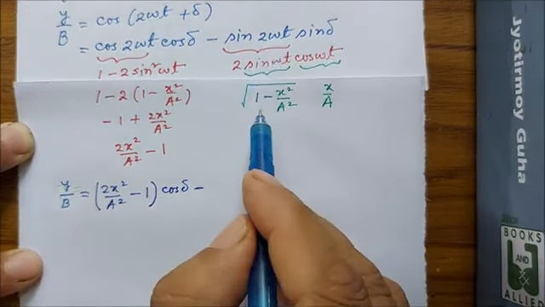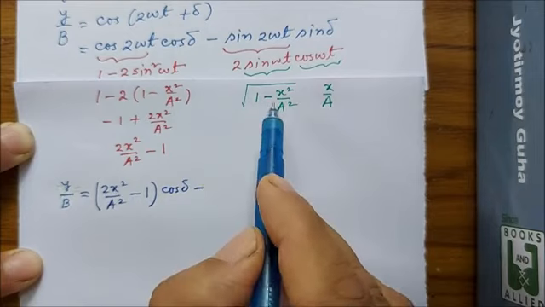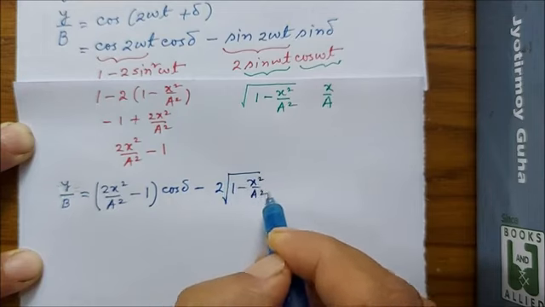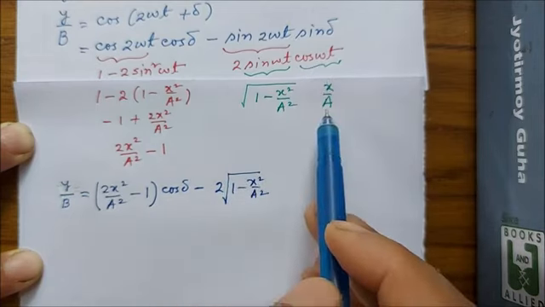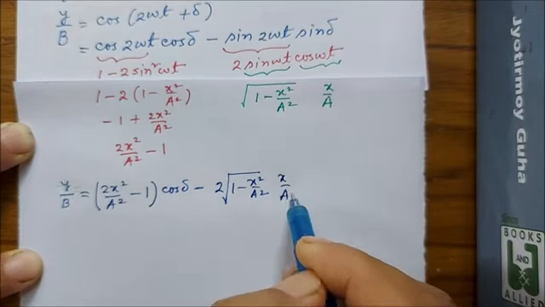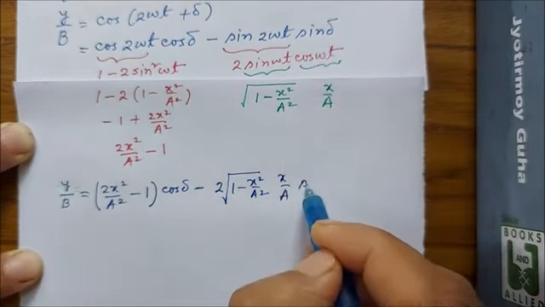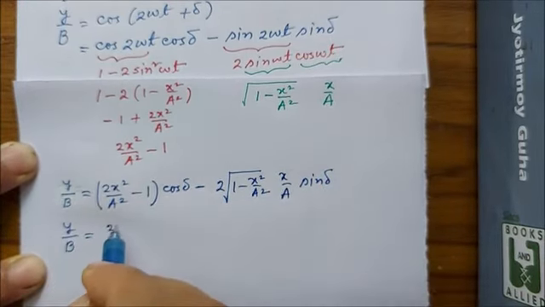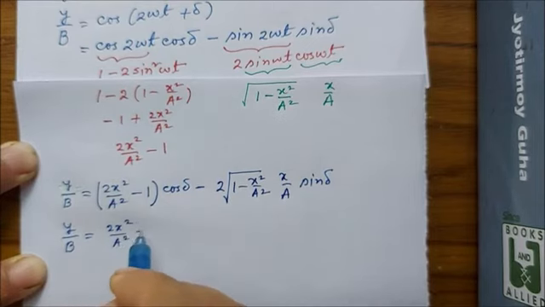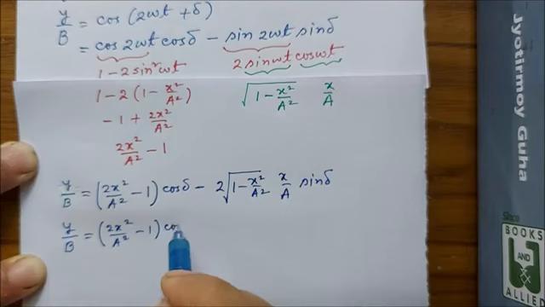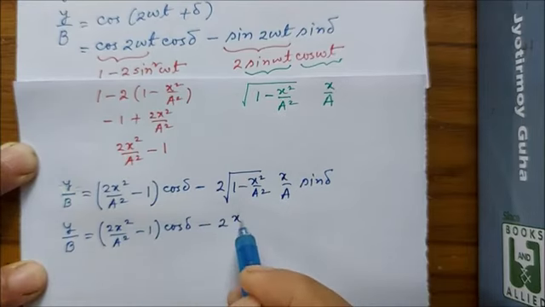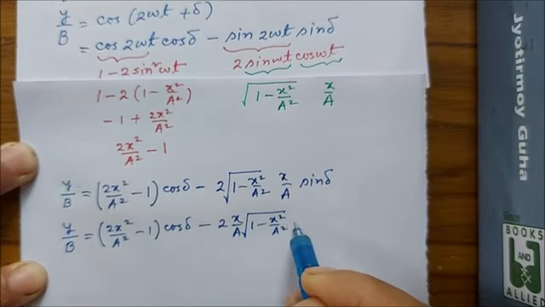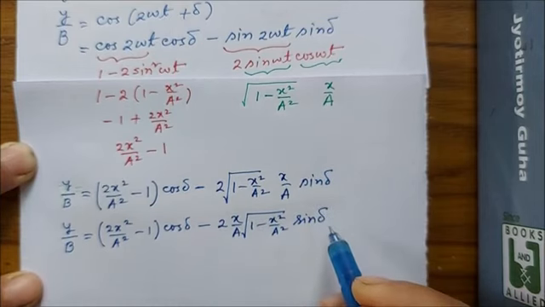Instead of sine twice omega t we have this factor, so it will be twice of this factor, and instead of cos omega t let us write x by a, which will be multiplied by sine delta. So this is what we have.